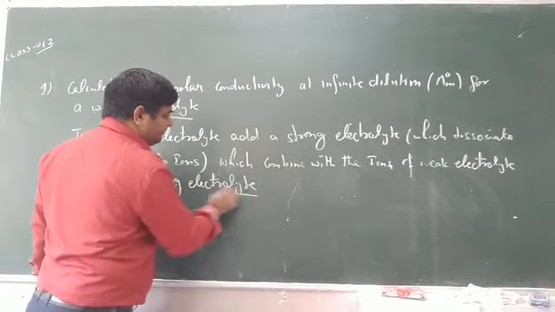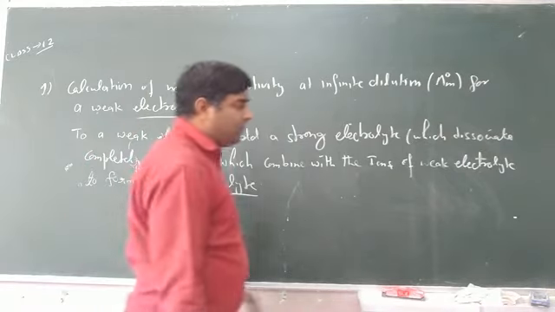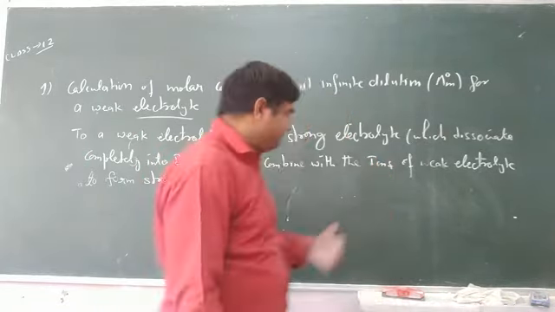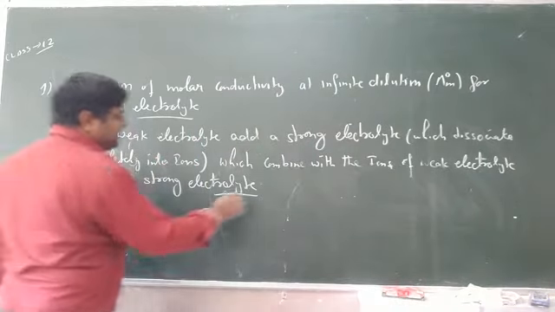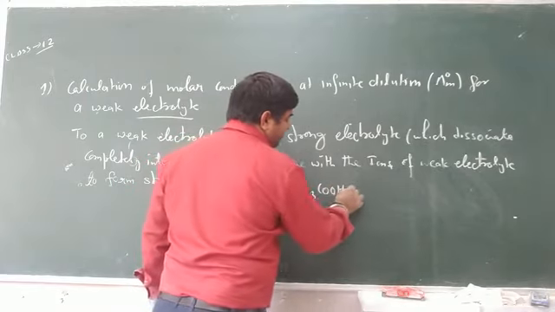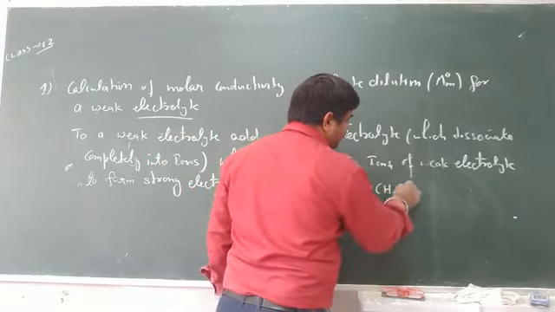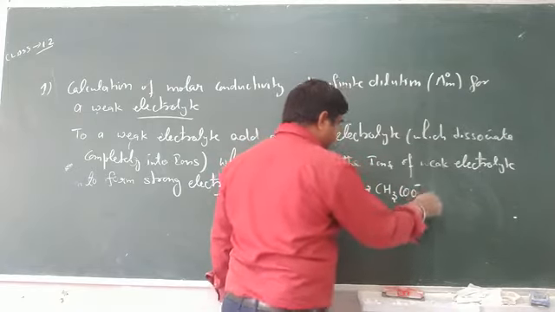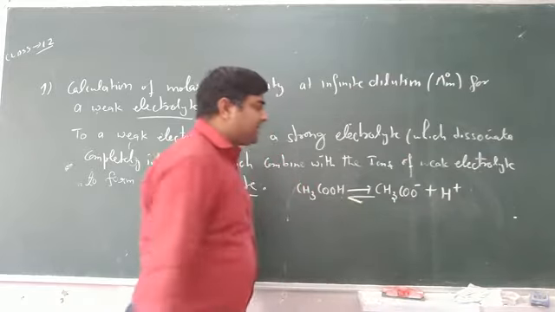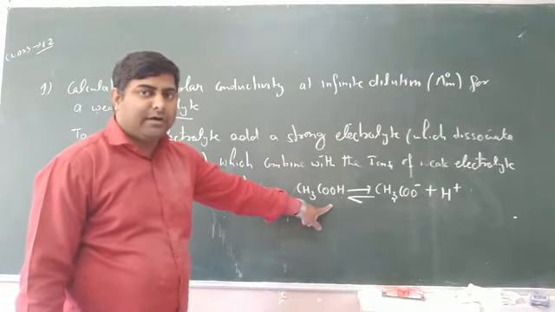Now, let us see how. Let us take an example of a weak electrolyte, that is acetic acid, CH3COOH. When it dissociates, it forms CH3COO negative plus H positive ion. It's a weak electrolyte, it does not dissociate completely into ions.